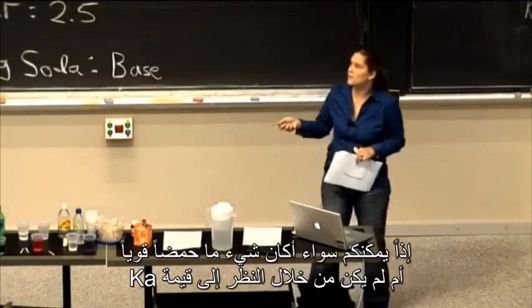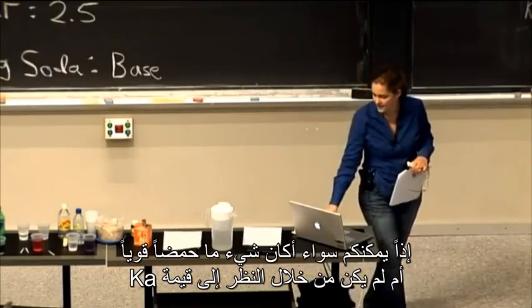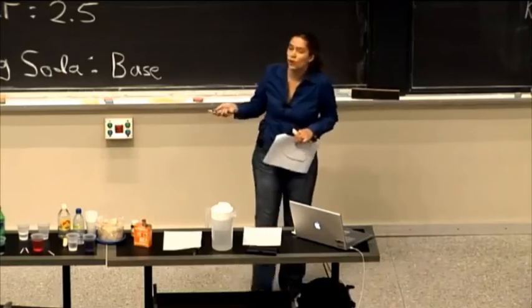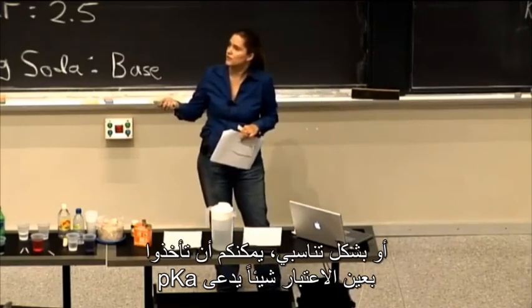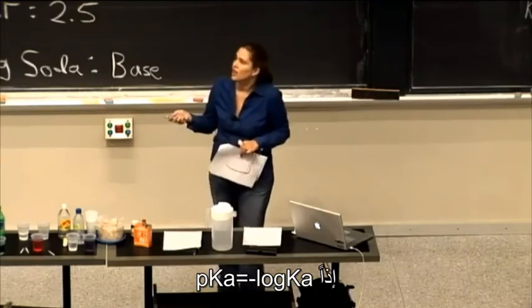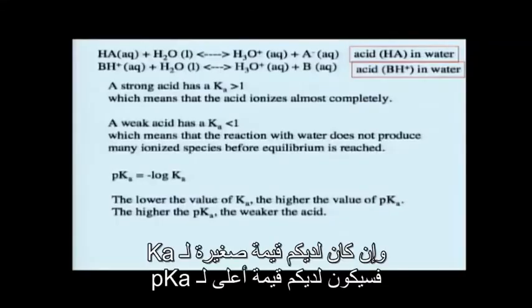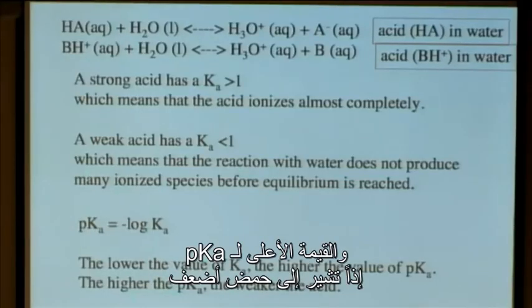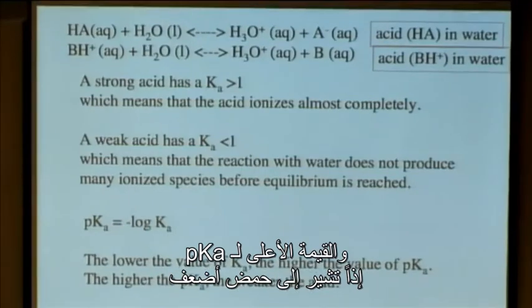So you can tell if something is a strong acid or not by looking at its Ka value, or alternatively, you can consider something called pKa. The pKa is minus log of the Ka, and if you have a low value of Ka, you'll have a higher pKa, and the higher the pKa, the weaker the acid.